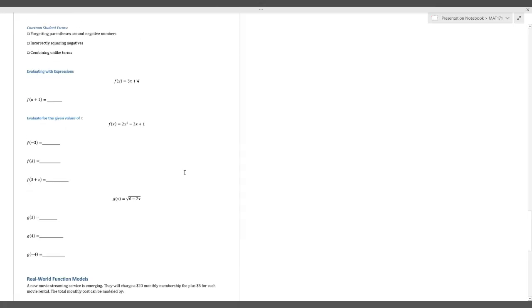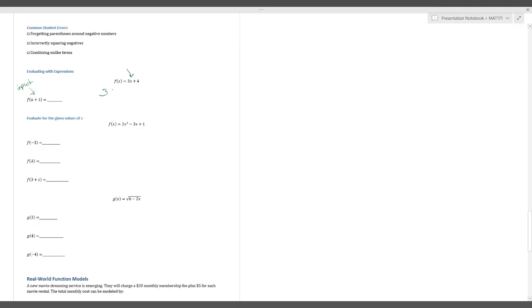We can also do this with expressions. Remember, inside here is the input. So we are going to take and input this everywhere we see an x.